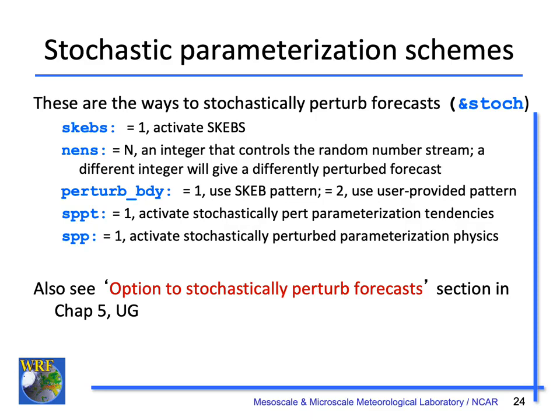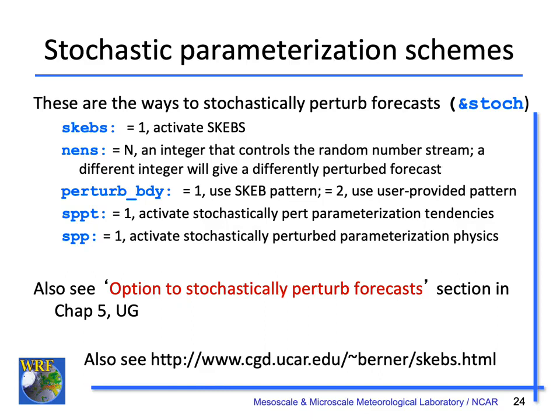The last one adds perturbation to parameters inside a physics scheme. Only a group of selected physics has this option, but the framework is there to be employed by other physics options. In addition, perturbation can be added to the boundary data. More information can be found on the listed website.